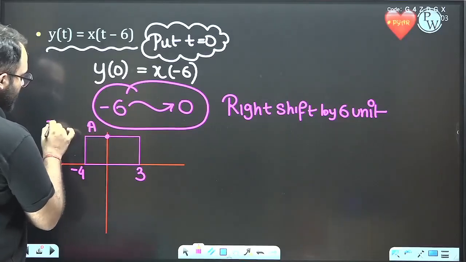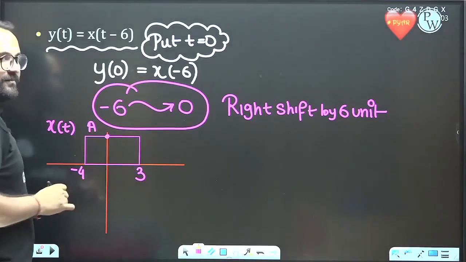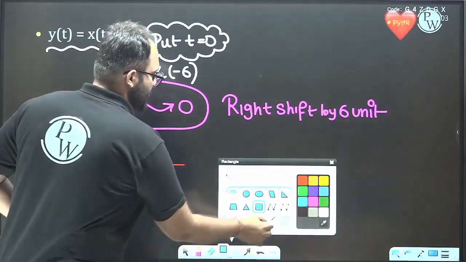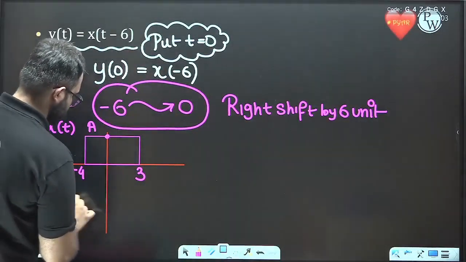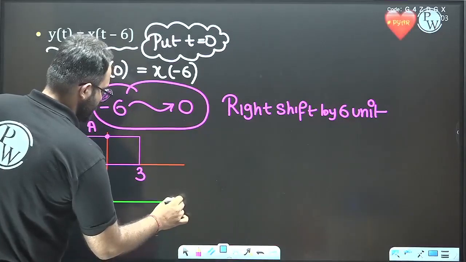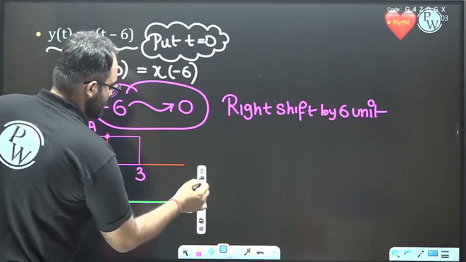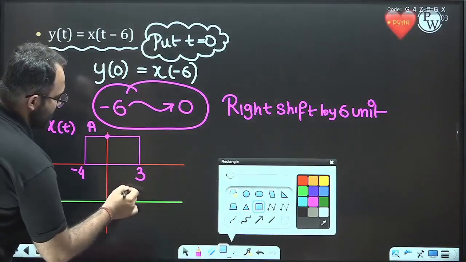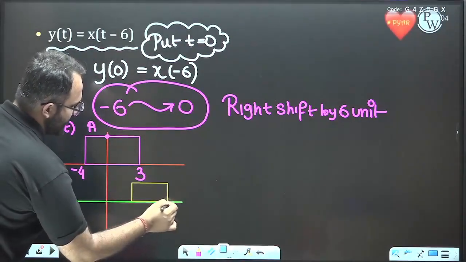This is your signal x(t). So what will be x(t minus 6)? x(t minus 6) means right shift by 6 units.